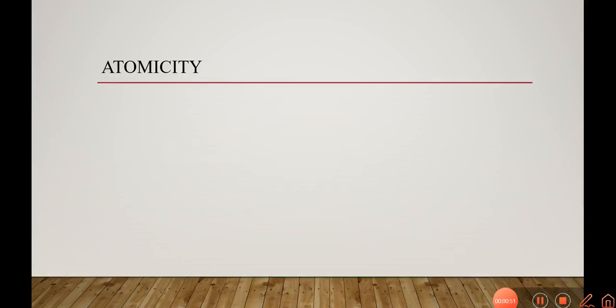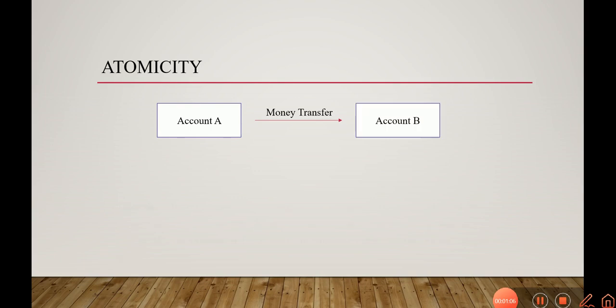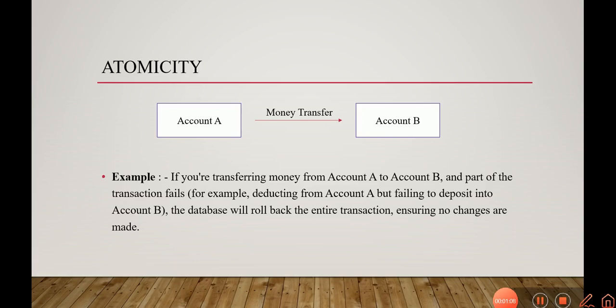Talking about atomicity, let me explain with the help of an example. I want to transfer money from account A to account B. Let's say due to some technical issue, which can be a network error or any other issue, the transaction fails.